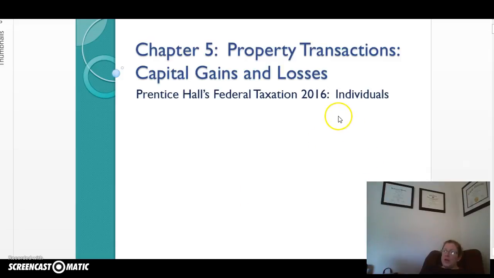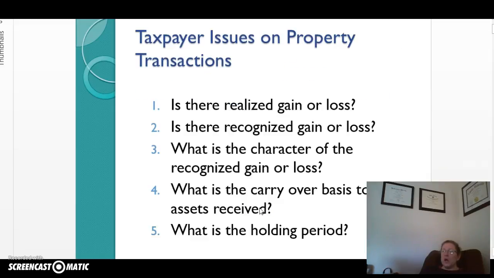So chapter 5 covers property transactions, capital gains, and losses. We're going to talk about, is there a realized gain or loss? There isn't always a gain or a loss in a property transaction. Is there a recognized gain or loss?